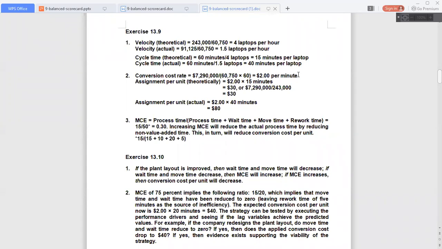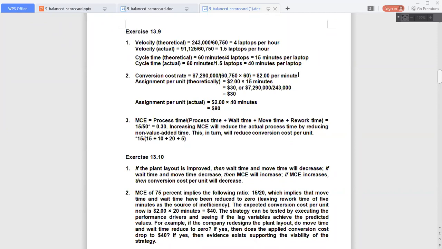What is the expected conversion cost per unit? Explain how you can use these targets to test the viability of your quality improvement strategy. So in requirement number 2, MCE of 75% implies the following ratio.